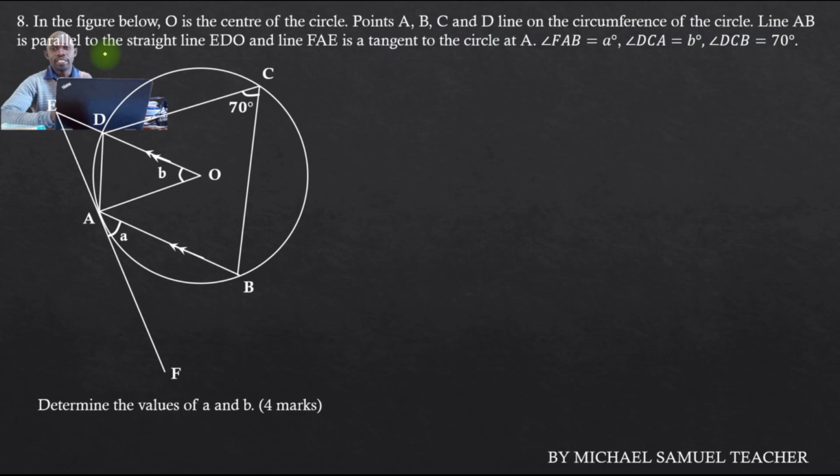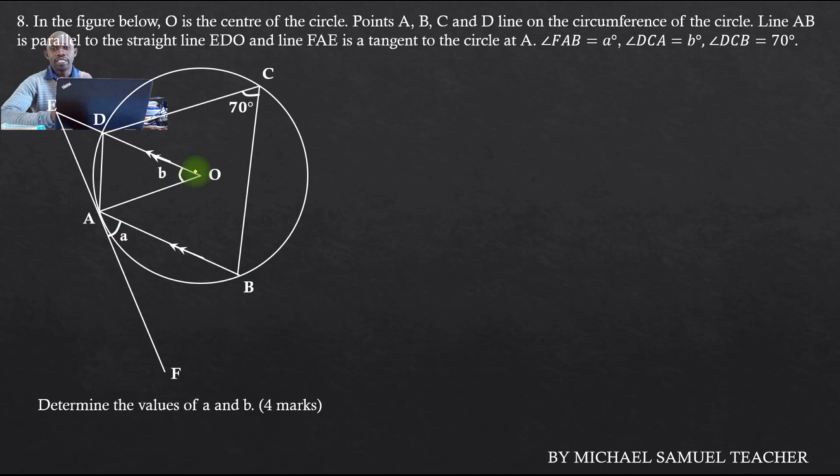Line AB is parallel to the straight line EOD, and line FAE is a tangent to the circle at point A. Then angle FAB is equal to a degrees.